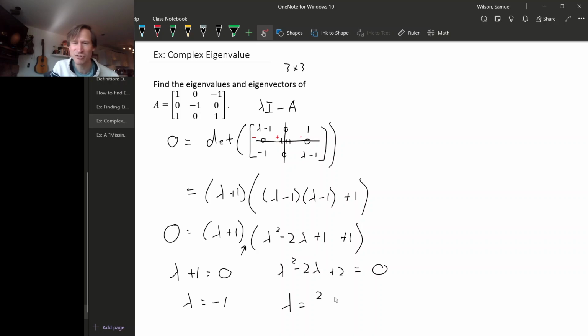So we get 2 plus or minus the square root of 4 minus 4 times 2 times 1, so minus 8, over 2.